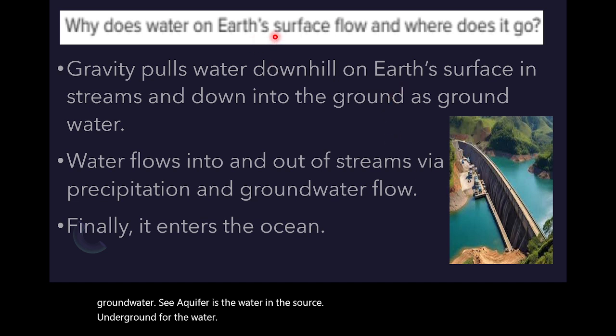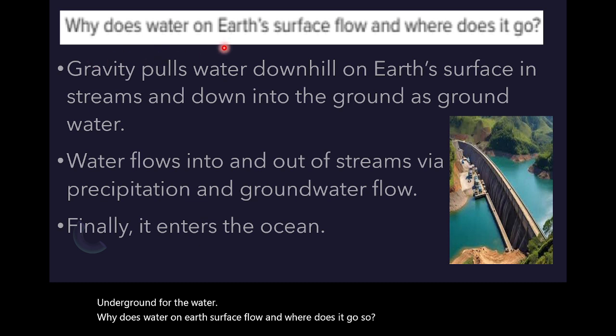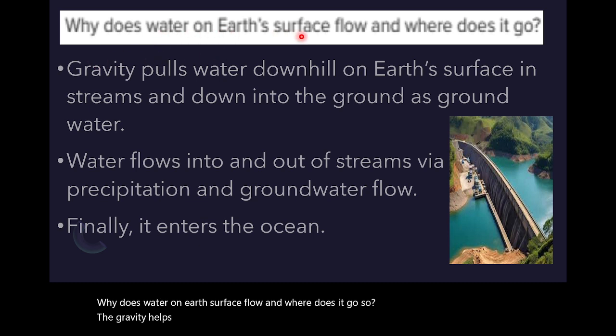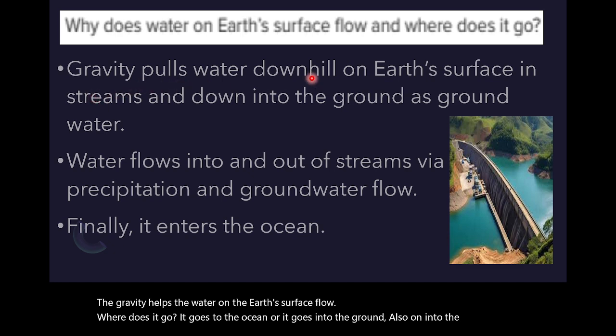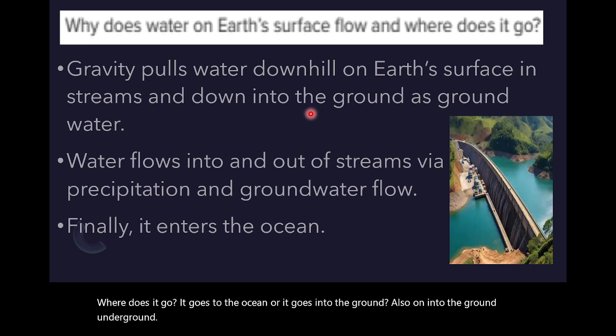Why does water on Earth's surface flow and where does it go? So, gravity helps the water on the Earth's surface flow. Where does it go? It goes to the ocean or it goes into the ground, underground. Okay.